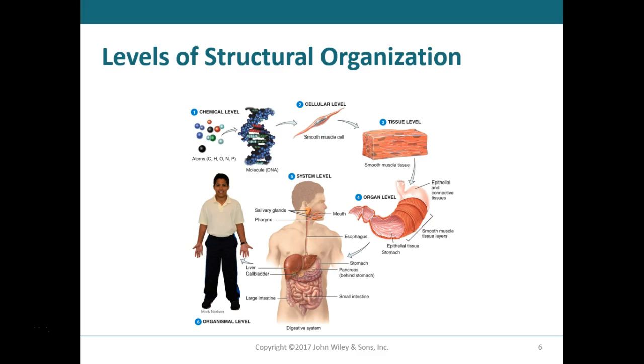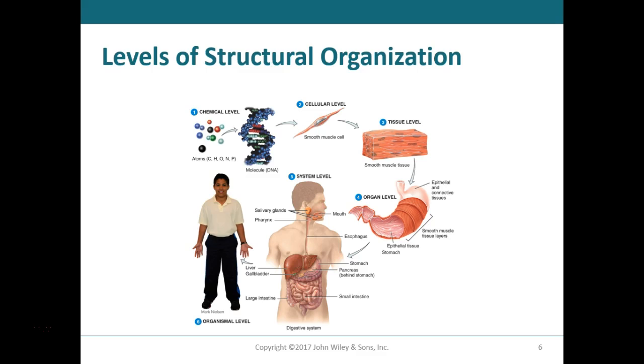Then you've got tissues that surround the stomach, and you've got mucus layers inside the stomach, and you've got connective tissues holding the stomach in place and forming coverings. So all of that's made up of many different types of tissue that's made up of many different types of cells that are made up of molecules that are made up of atoms. Starting to get the picture?